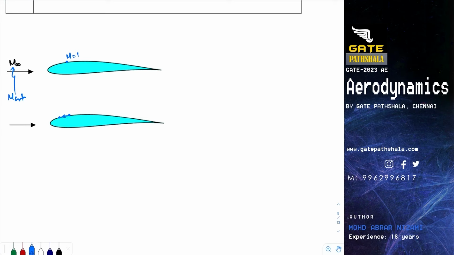If this is M infinity 1, this will be M infinity 2. So I get M equal to 1 here, and thereafter there is further chance of acceleration. So the flow forms a sort of bubble here. This bubble is called a supersonic bubble.